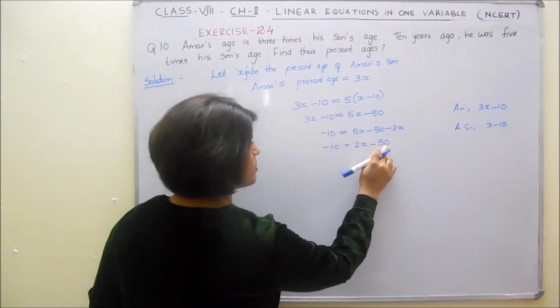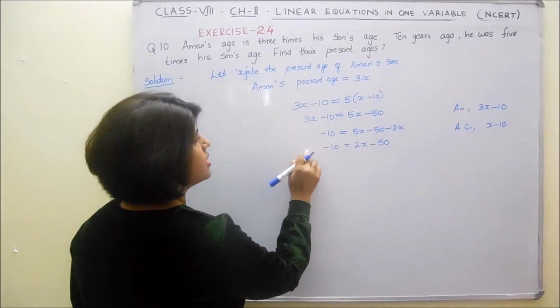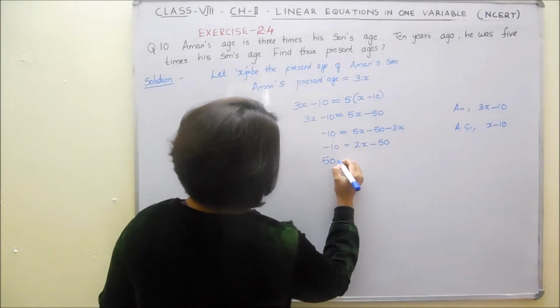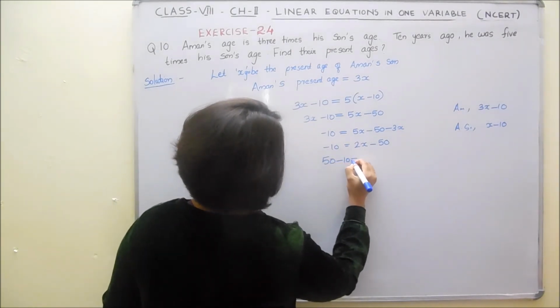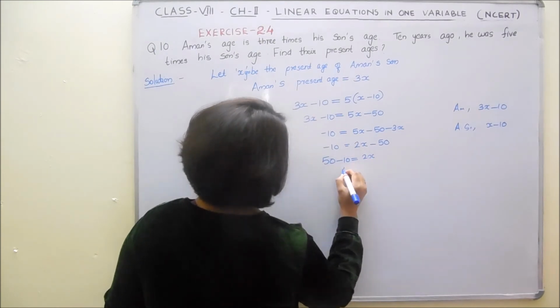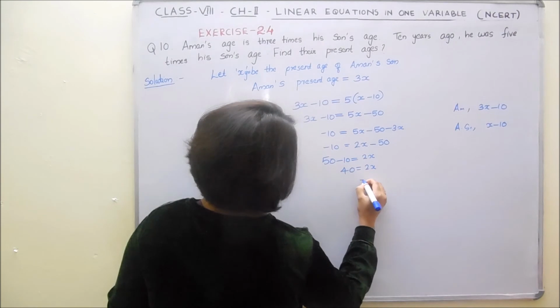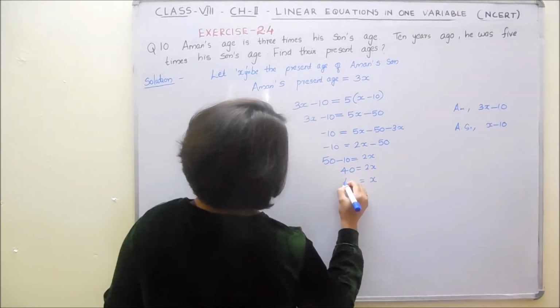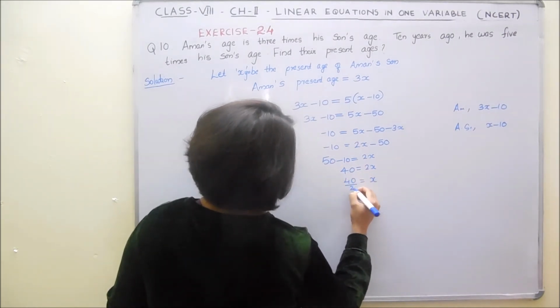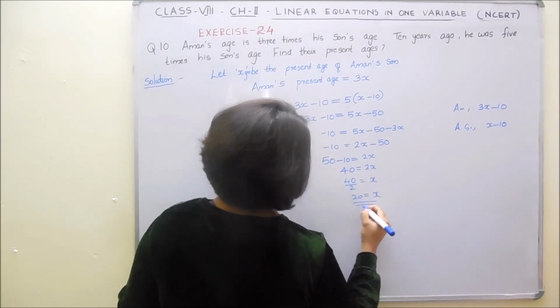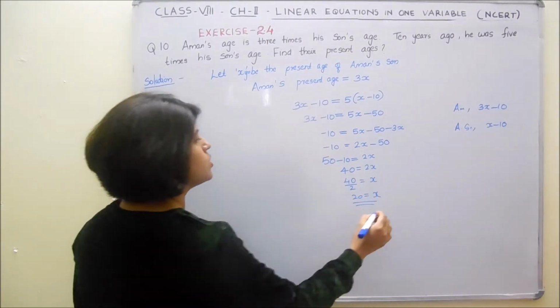Now this minus 50 I am transposing into LHS. Then what would be 50 minus 10 equal to 2x. That is 40 equal to 2x and x equal to 40 divided by 2. That is x equal to 20. Right? X equal to 20.